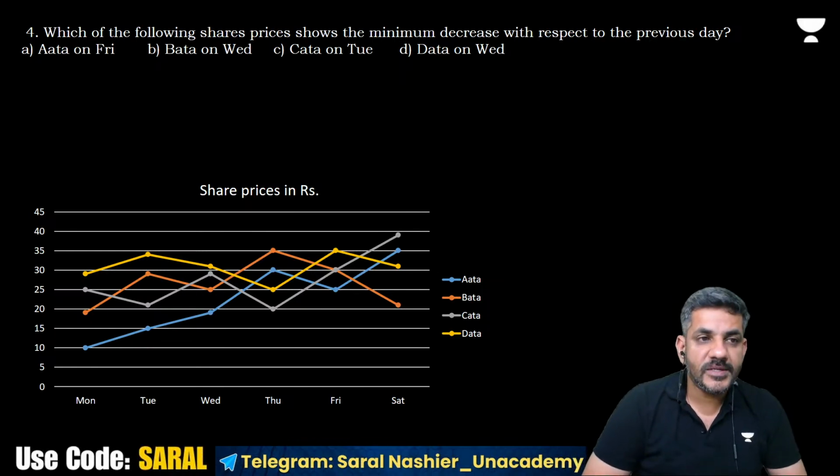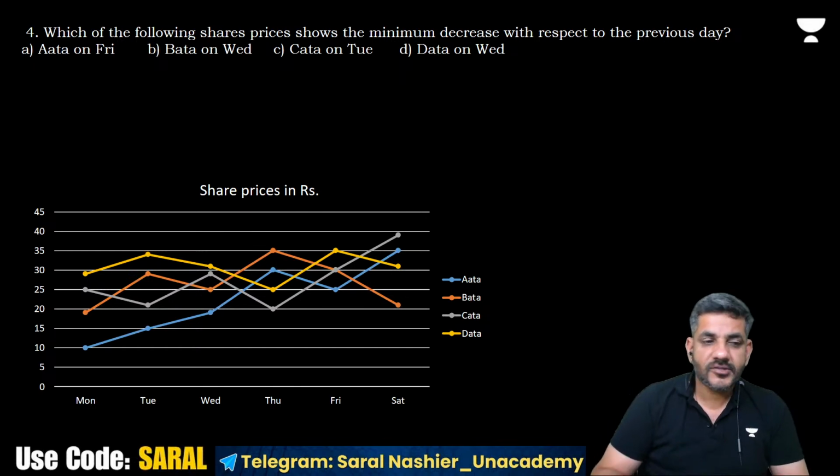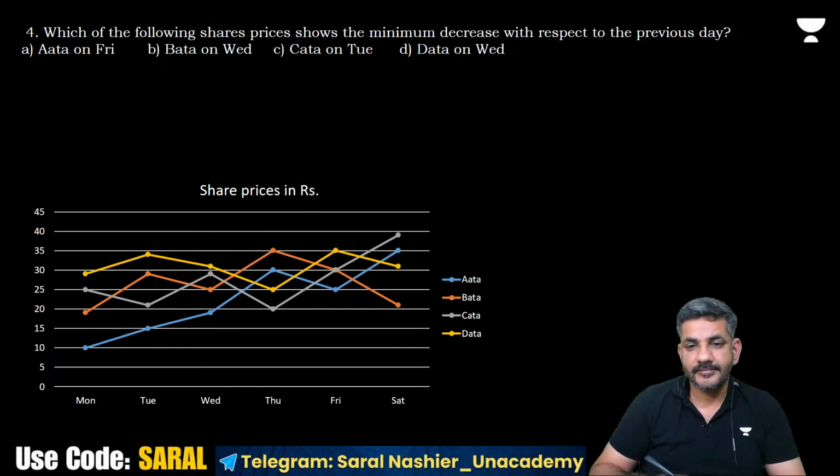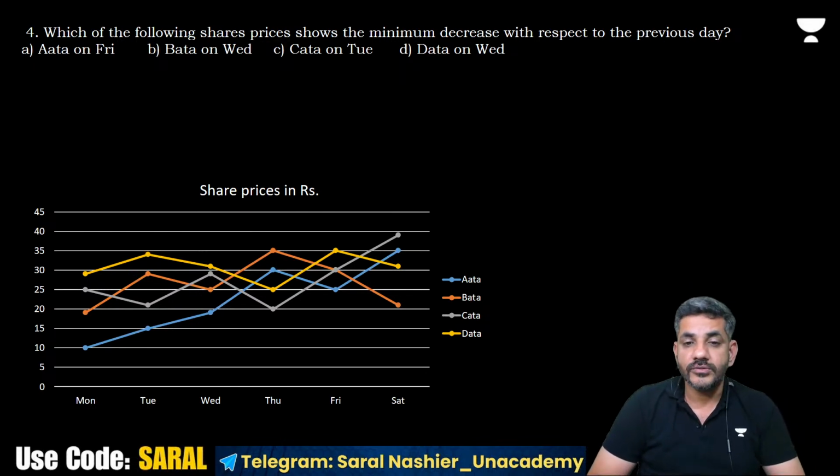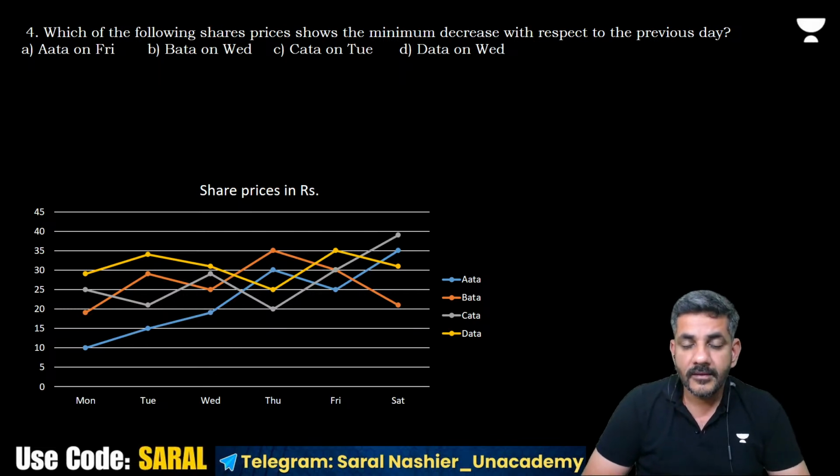Any answer, guys, for question number 4? Sahil Patel has got the answer here. Sahil says option C, that is C on Tuesday. Ayush Deora has also got the same answer. Brilliant. Sakshi, others?